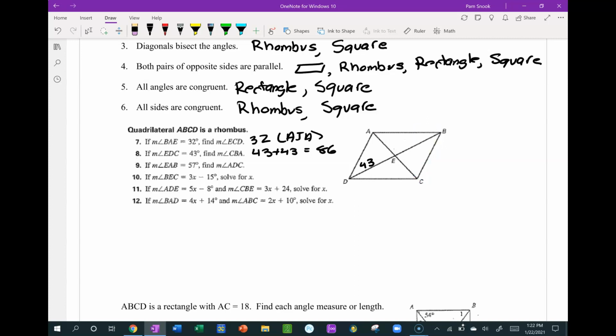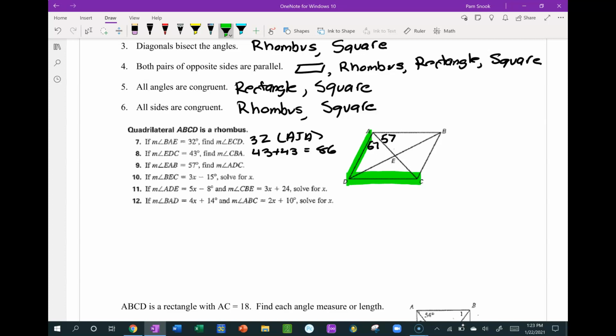All right, next one. If measure of angle EAB is 57, find measure of angle ADC. Okay? So rhombus means that the diagonal bisects the angles. So here's 57 there. I'm going to highlight ADC for us.